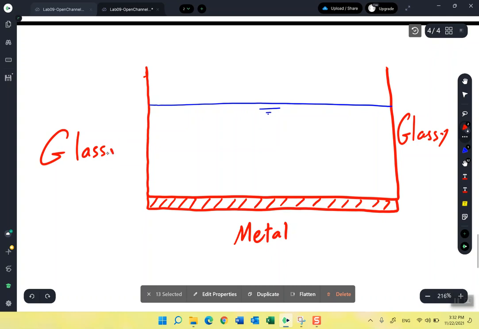Or glass and metal, glassy and metallic. Great, so this means that while the water flows inside this section, it is affected by the friction between the three sides, right?